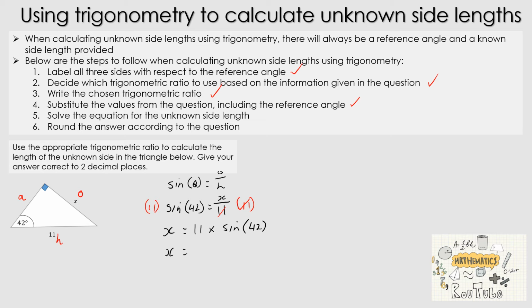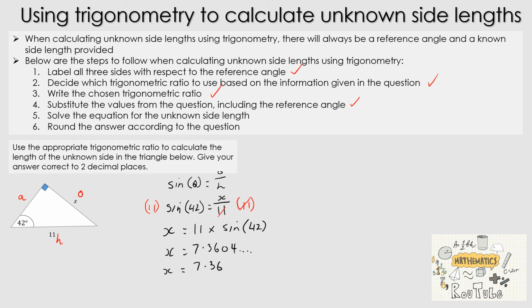So we have got x equals 7.360, and then rounded to 2 decimal places should be x equals 7.36. We've got 3604 there, and then a few more digits after that as well.